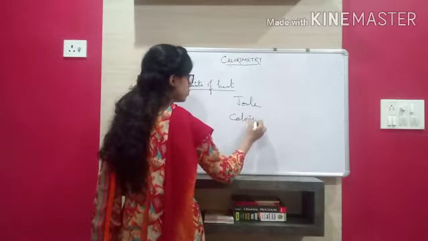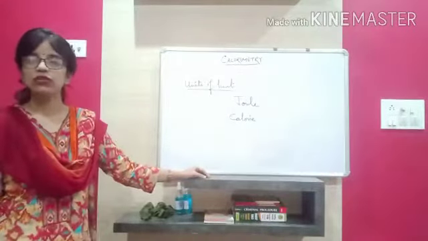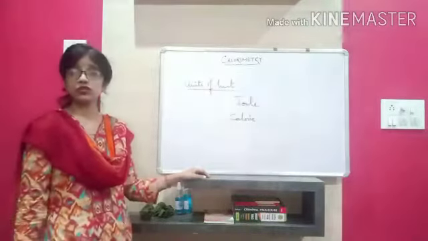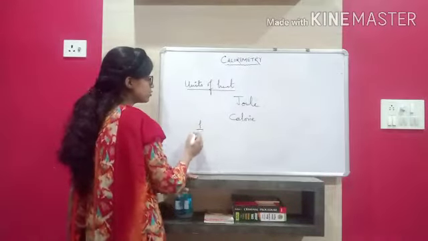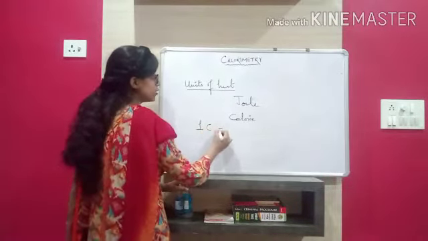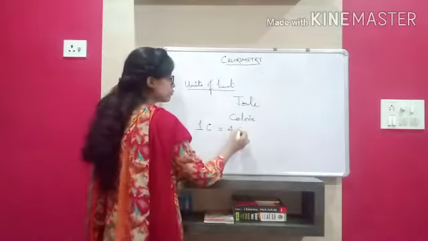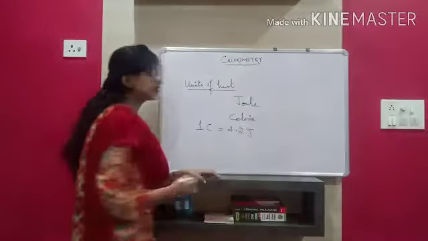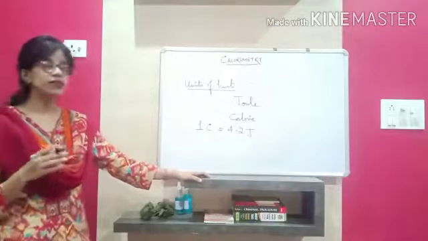We can measure heat as 10 joule, 20 joule, 30 joule, or in calorie as well. The relation is 1 calorie equals 4.186 joule, or simply we write 4.2 joule. This is the relation between the calorie and the joule.